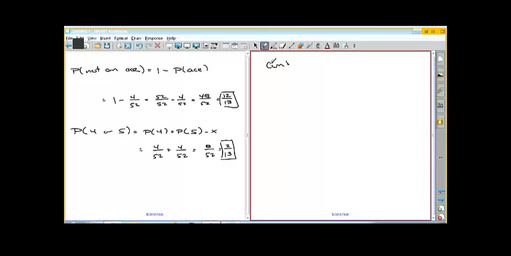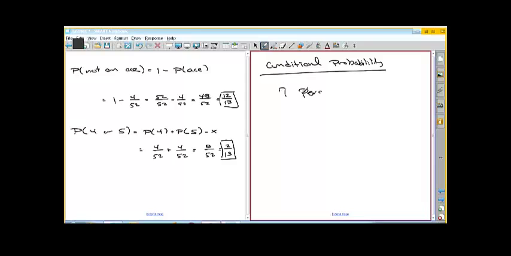Then we have conditional probability. So let's use cats instead of dogs here just to give you an example.